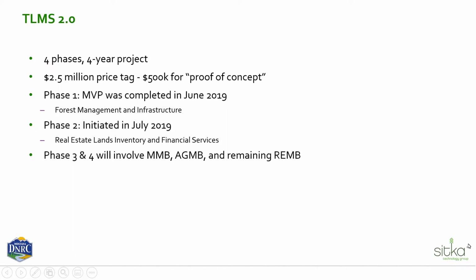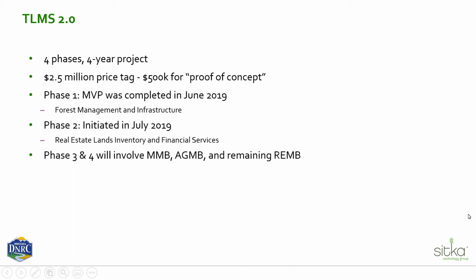The first phase is what we've called the minimum viable product, and we recently completed it, and now we're using it. It's live. That first phase included financials and forest management, but maybe less obvious to the user is all of the infrastructure to support the system. Phase 2 is in development now, and we have several more phases lined out.